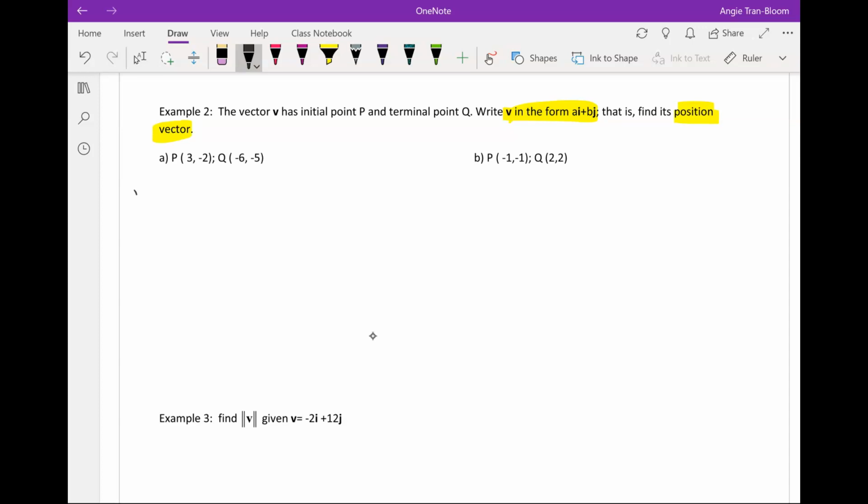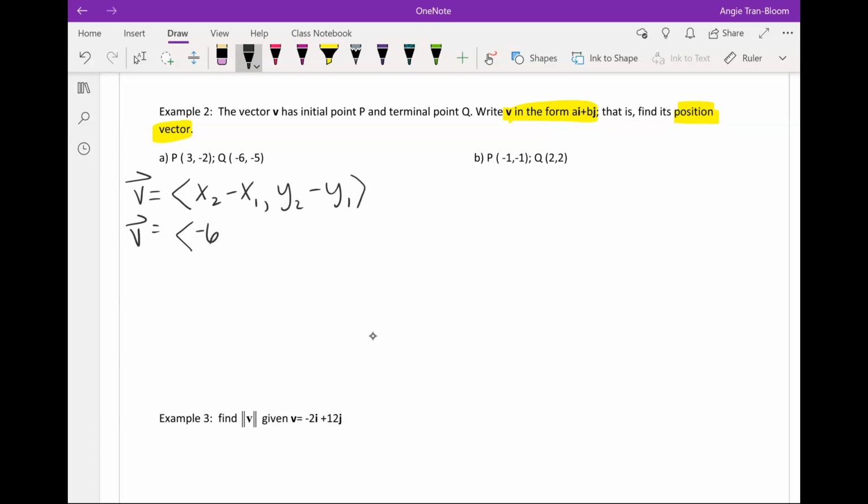So to find the position vector v, the formula says take x2 minus x1 and take y2 minus y1. Do we know what x2 is? What is x2, Evan? -6. Good. What's x1?